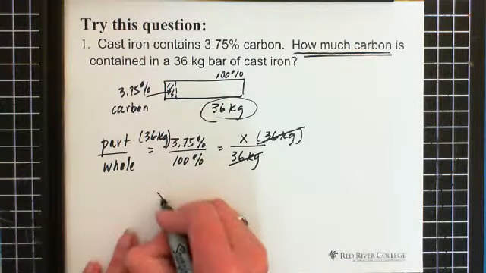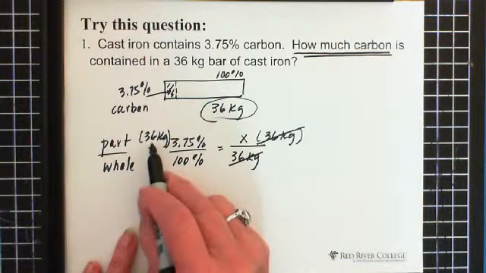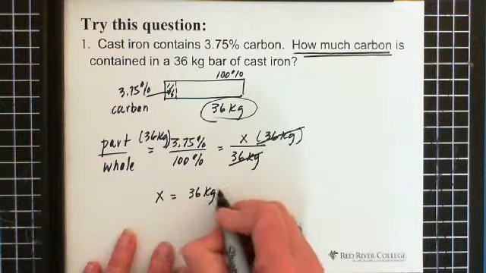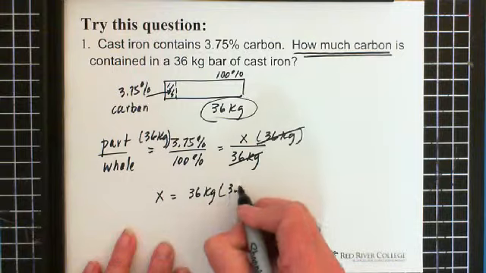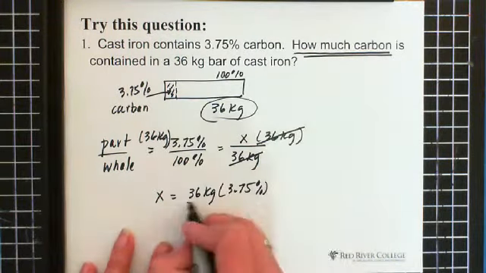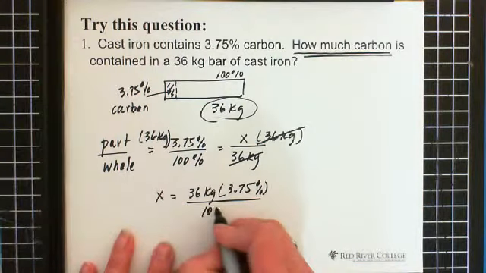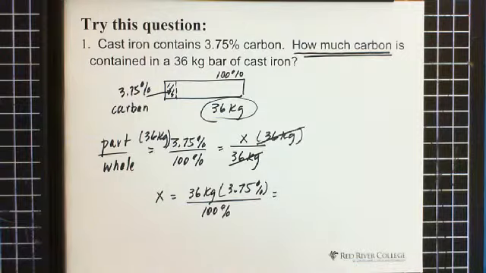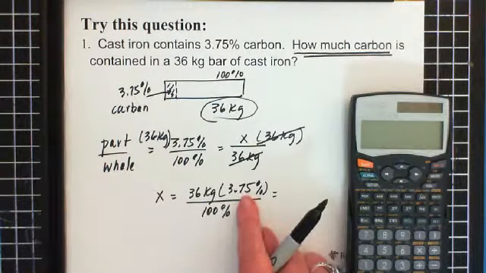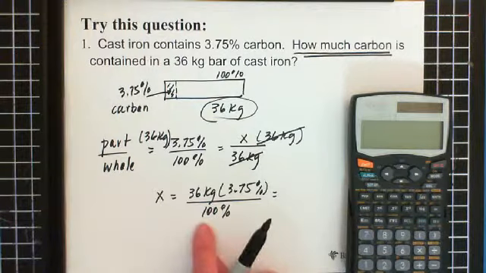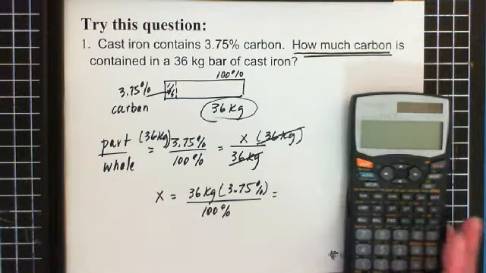So we're left with x equals 36 kilograms times 3.75% divided by 100%. And we just put that into our calculator. And you can see, of course, 3.75 is really small compared to the 100. So our answer is going to be a small mass.